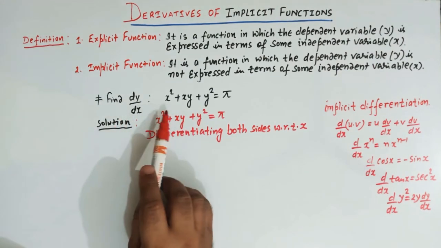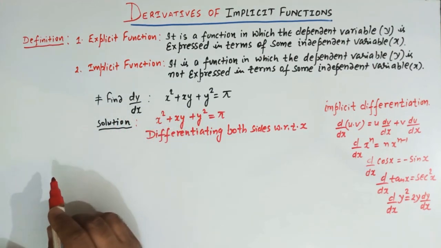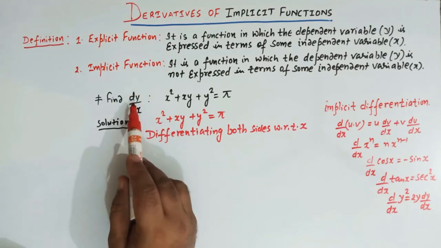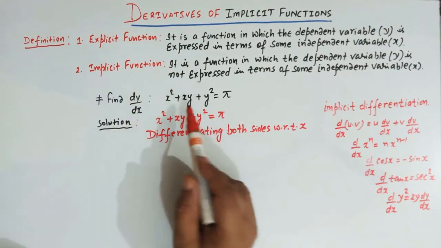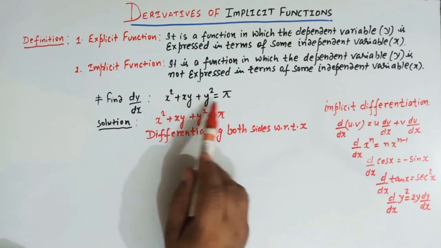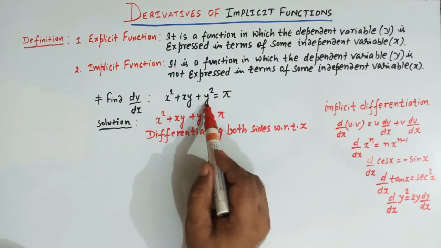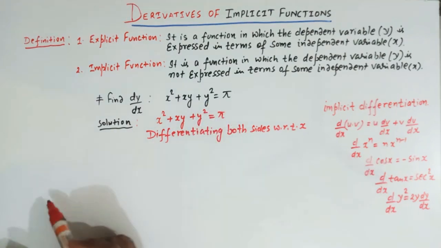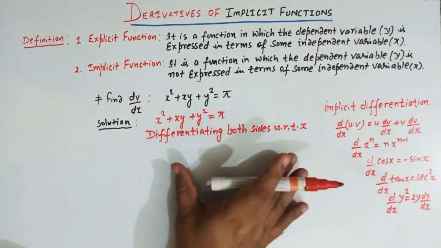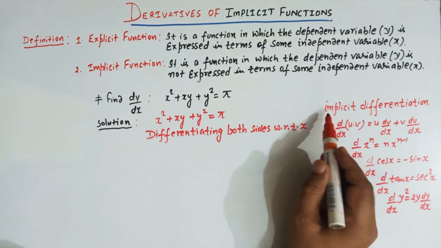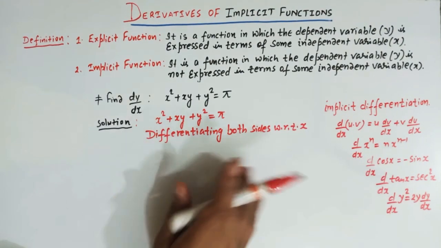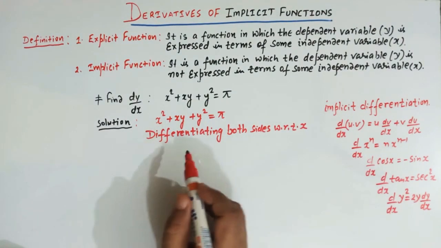Now let us take one more important problem. Here we have to find dy over dx, and the expression is given as x square plus xy plus y square equal to pi. Again we'll follow the same process, that is, we'll differentiate both sides with respect to x.